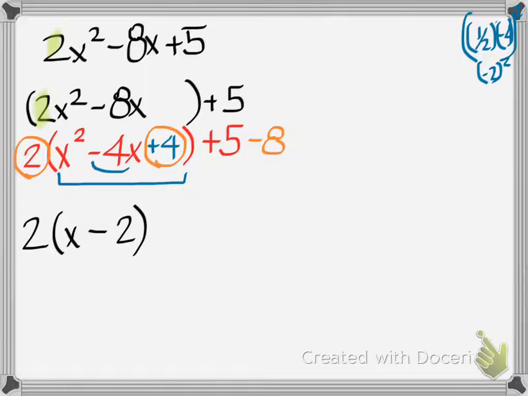So we have x minus 2 squared here. Then we combine the positive 5 and the negative 8 to give us negative 3.